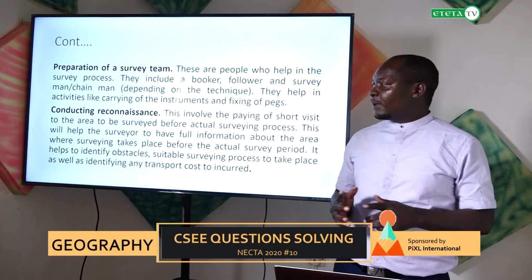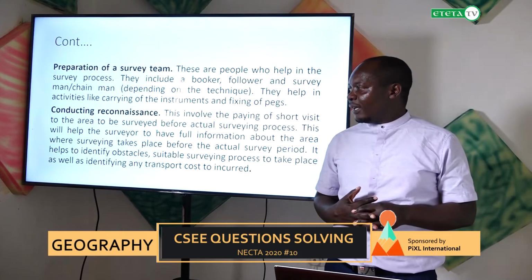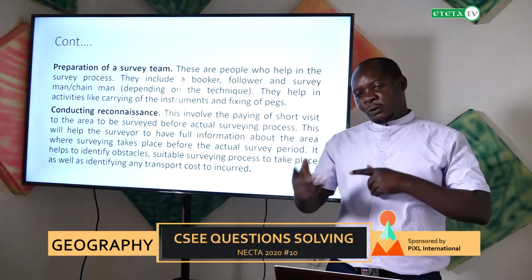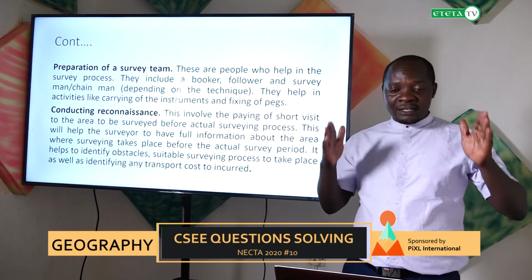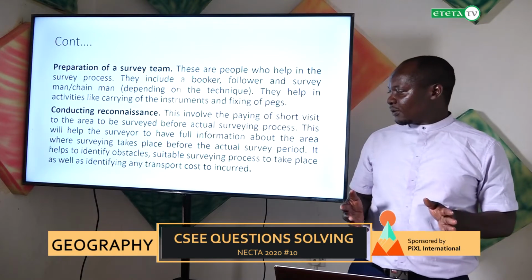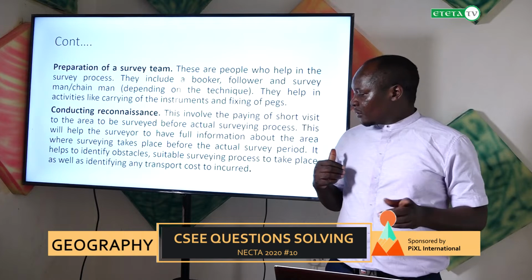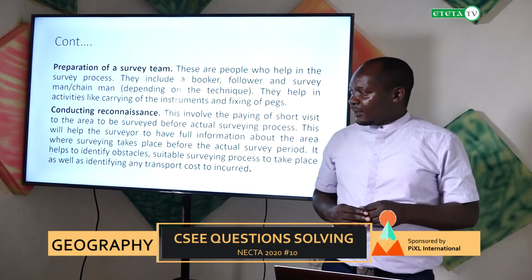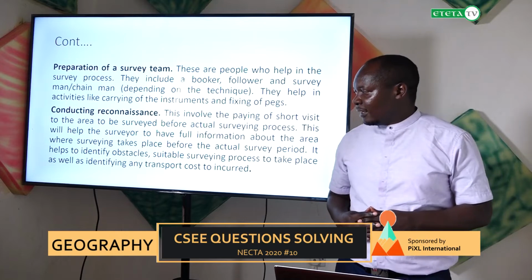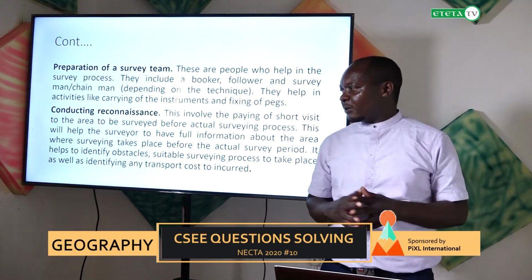This will help the surveyor to have full information about the area where surveying takes place before the actual surveying period. Reconnaissance will help the surveyor to understand fully the area where the surveying process is going to take place. It is this process which helps to identify obstacles or suitable surveying processes that may take place in that particular area.